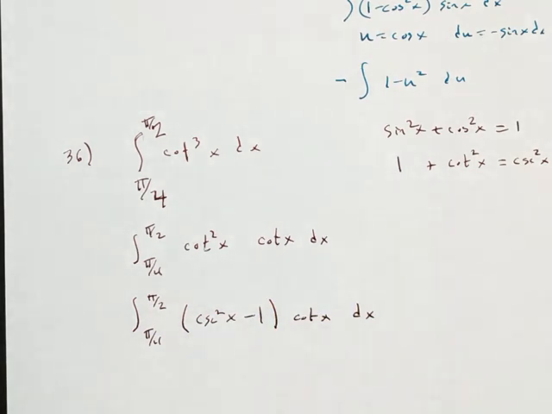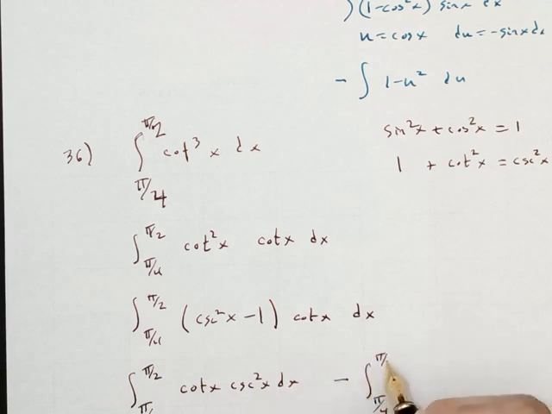Now, I like thinking of this as two separate integrals. So I'm going to make this two pieces. I'm going to do the integral of cotangent of x cosecant squared of x minus the integral of just cotangent x.